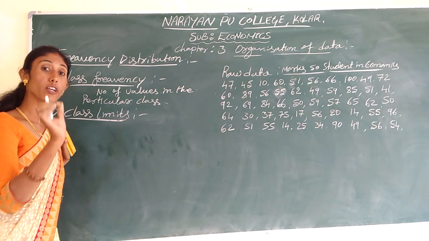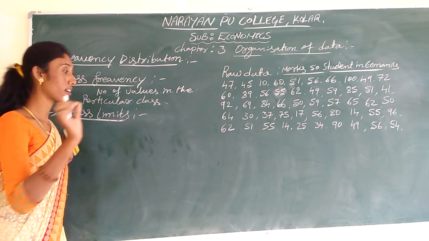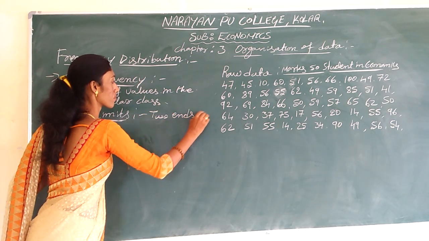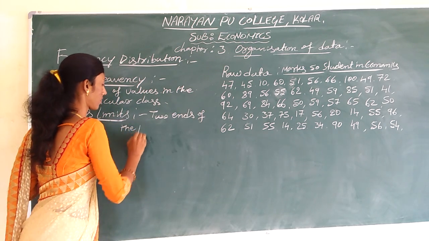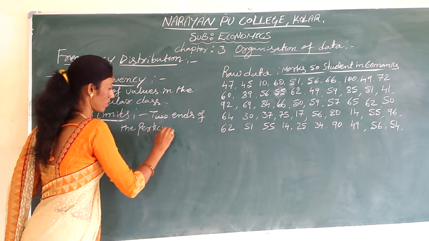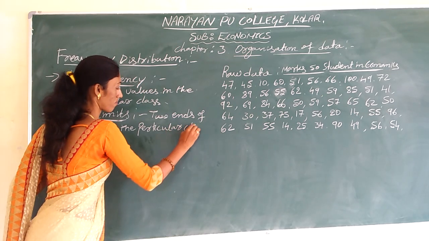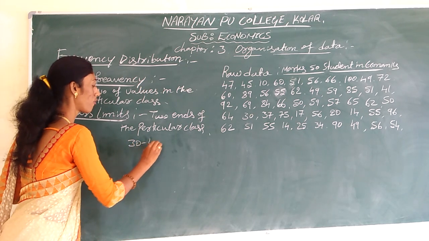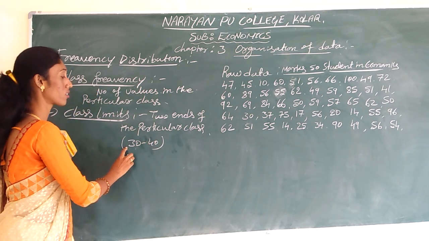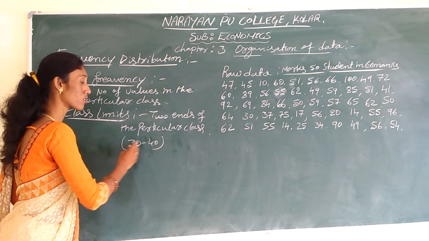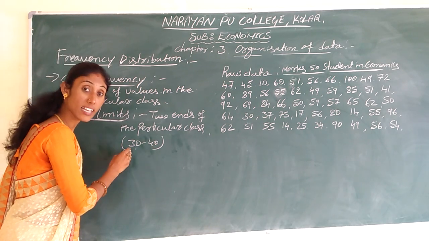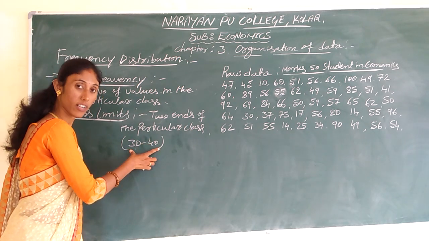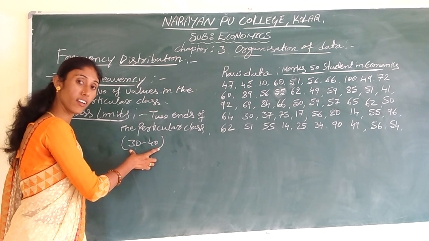For example, we take a class of 30 to 40. The two ends or the limits of this class are called class limits. The upper limit and lower limit, the two ends of the class, are considered as class limits.